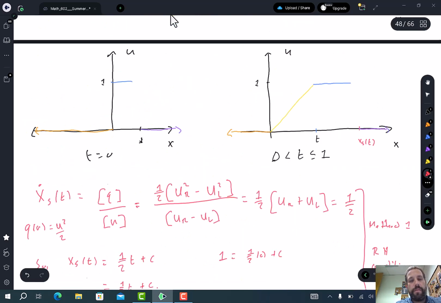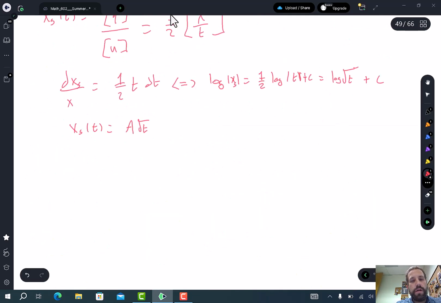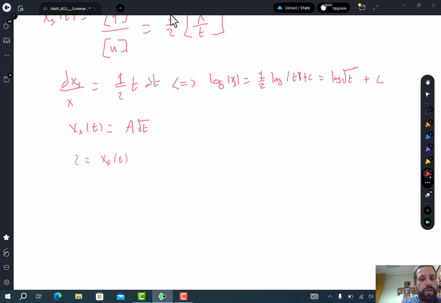So if I come back down here, I'm going to have 2 is equal to x sub s of 2, and this is going to be a times the square root of 2. So a is equal to the square root of 2. So then this is going to be equal to the square root of 2t. Okay, so this is one method.